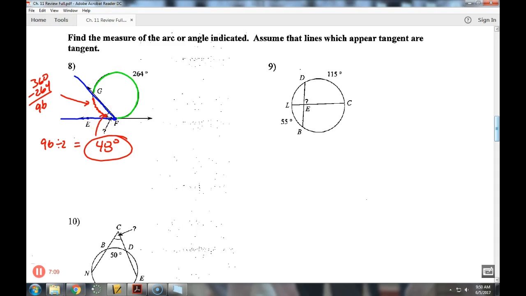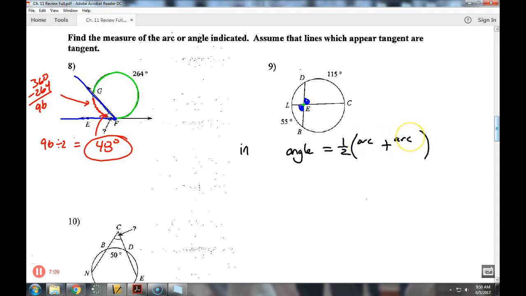Alright, number 9 gets a little more involved. The angle that I'm looking for is on the inside of the circle. So here's the angle I'm looking for. Remember, this angle is the same because they're vertical angles. And since my vertex is in the circle, I have to use a little bit different theorem. When the vertex is in, the angle is 1/2 the sum of the two arcs.